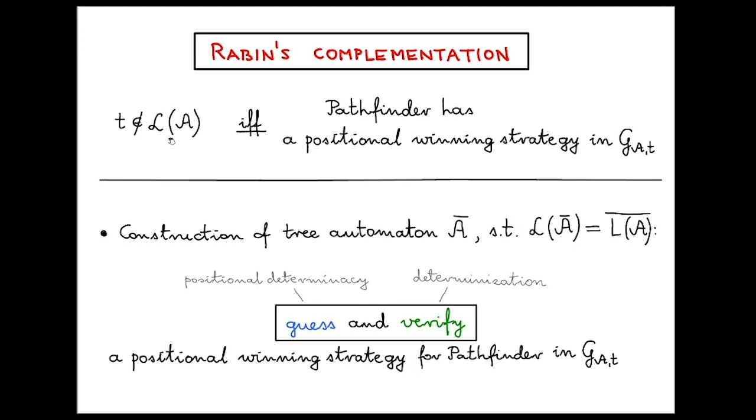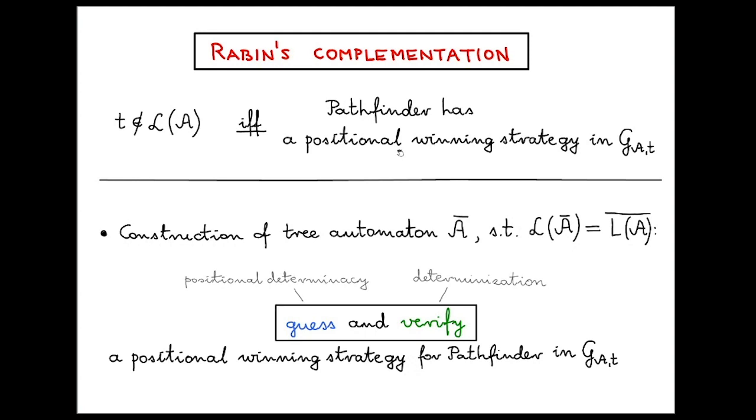Now, if we want to construct an automaton that accepts exactly all those trees that are not accepted by A, then we can use determinacy to conclude that we want to accept exactly all those trees for which the acceptance game, the game based on the automaton and the tree, is such that Pathfinder has a positional winning strategy in that acceptance game.